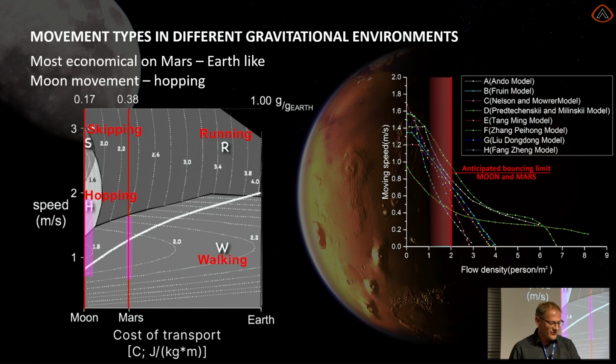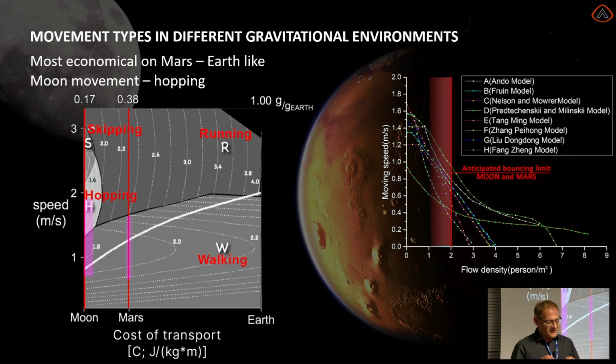So therefore, kangaroo style is inevitable for any human being in a non-crowded situation, when you have one person per 2 square meters, resulting in speeds comparable to Earth.